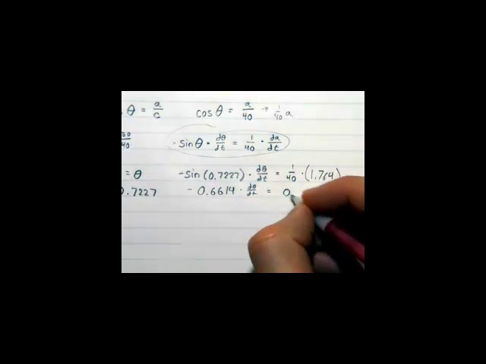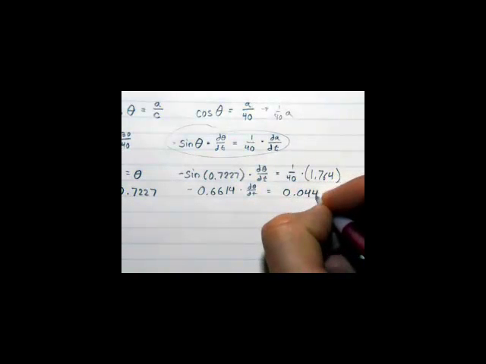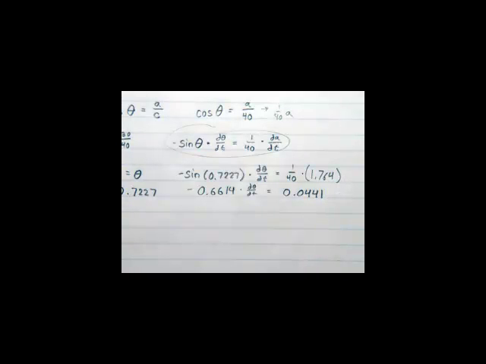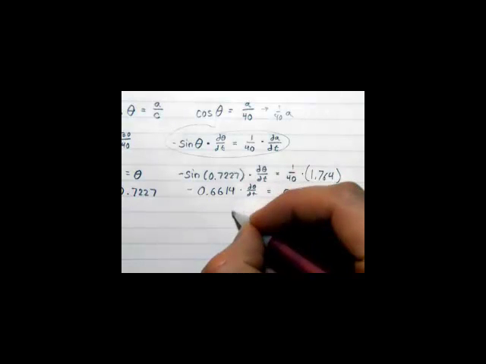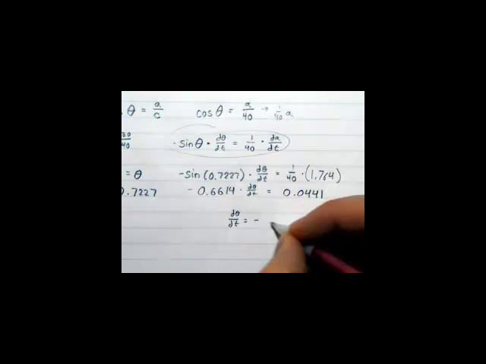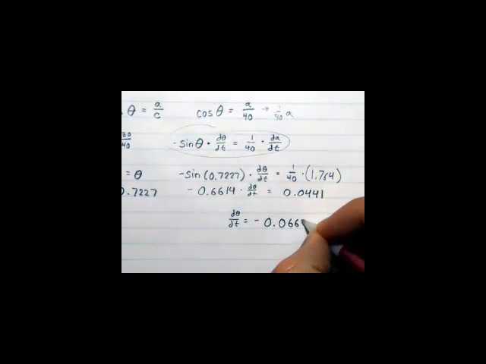This is 0.0441. And got to do a little bit of dividing here. So take that 0.0441 divided by negative 0.6614. And my d theta dt is negative 0.066, well, if I round it, 67.